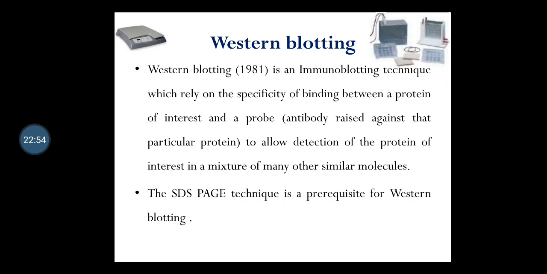Polyacrylamide gel electrophoresis is used for the separation and characterization of the proteins. Western blotting, invented in 1981, is an immunoblotting technique which relies upon the specificity of binding between a protein of interest and a probe, that is an antibody raised against that particular protein, to allow detection of the protein of interest in a mixture of many other similar molecules.